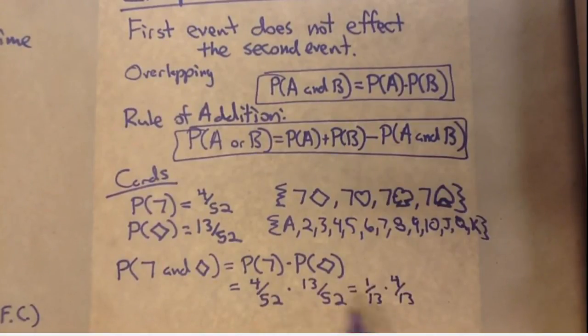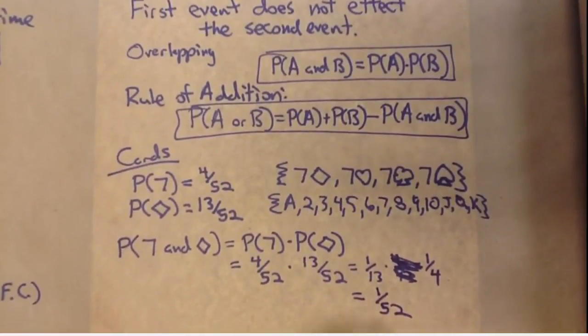I've reduced them, and this comes out to be 1 over 52. So there's a 1 in 52 chance that I would pull a 7 and a diamond, or the 7 of diamonds, which should make sense. There's only one of them.